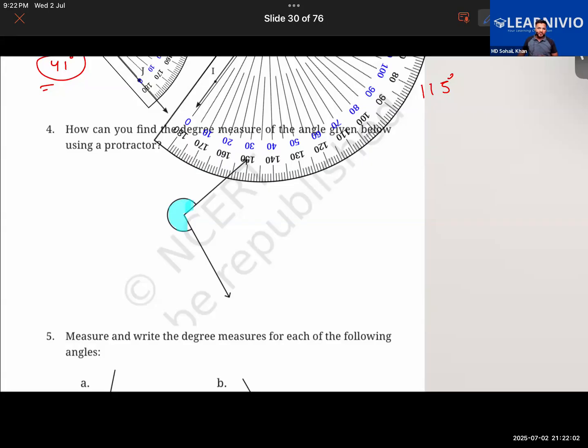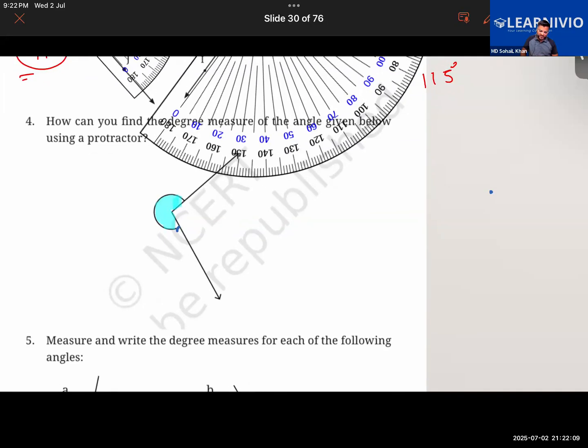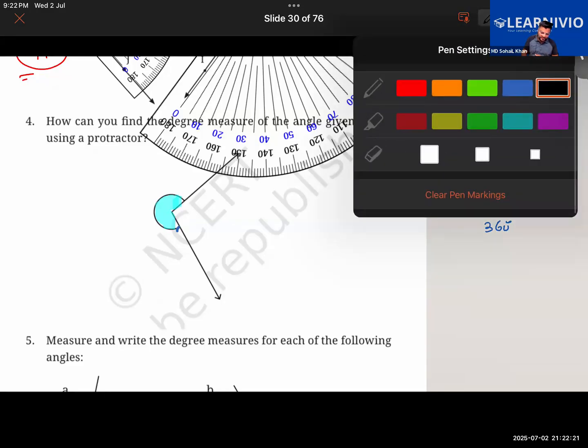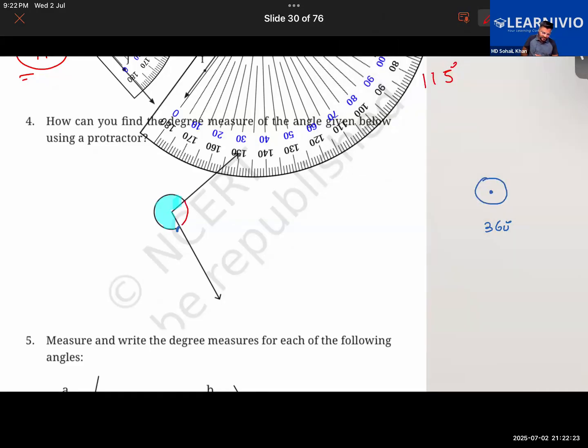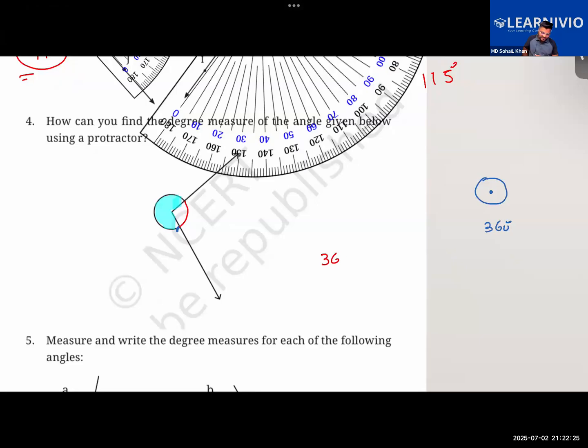So you know that the sum of all the angles around a point is 360 degrees, right? If you manage to find the measurement of this much of the angle using the protractor, and then subtract that much from 360 degrees, will you not get the measurement of this angle?